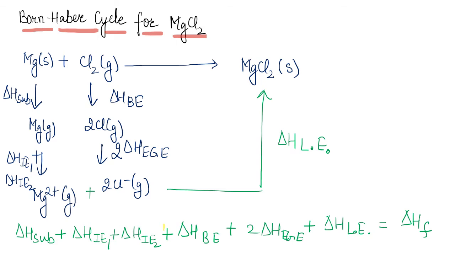Right, guys? This is the Born-Haber cycle for magnesium chloride.